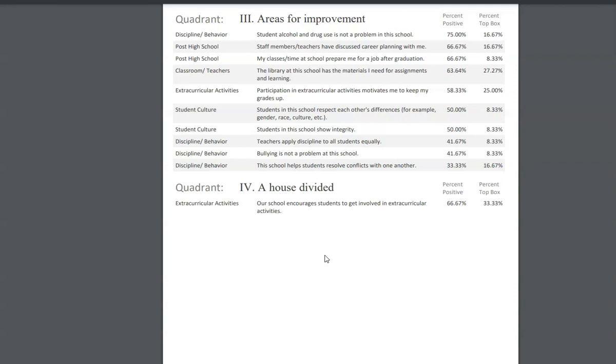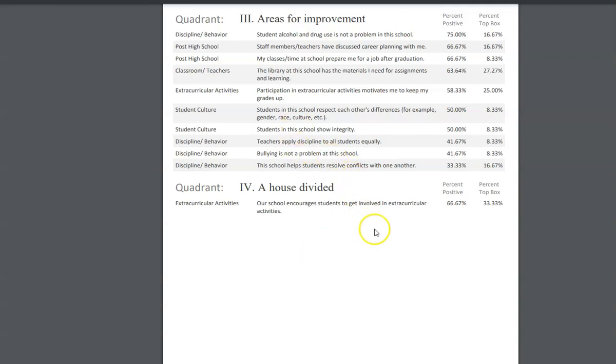And when there's sort of that dichotomy, that 2 separate factions, that could be an indication that something is going on with your school that you may want to investigate. No guarantees that there's something wrong necessarily, but it's worth looking at there.